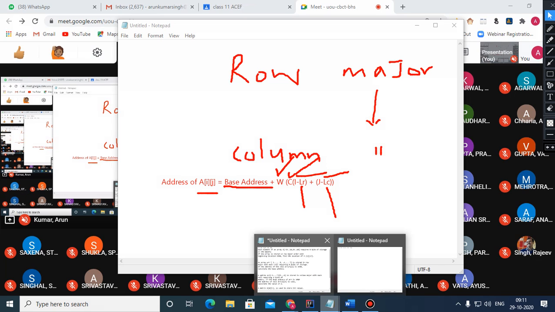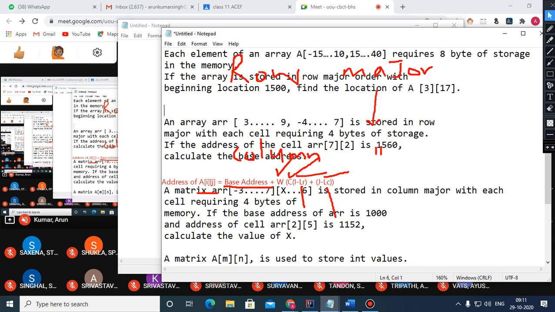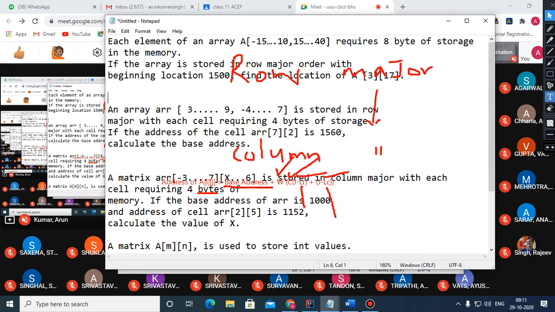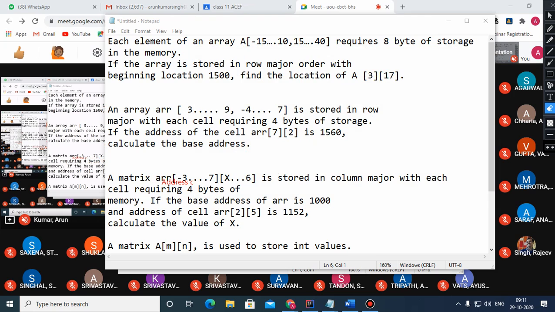I'm just showing you one example, children, and here I will tell you what these are. Here you can see the very first question: each element of an array requires 8 bytes of storage.